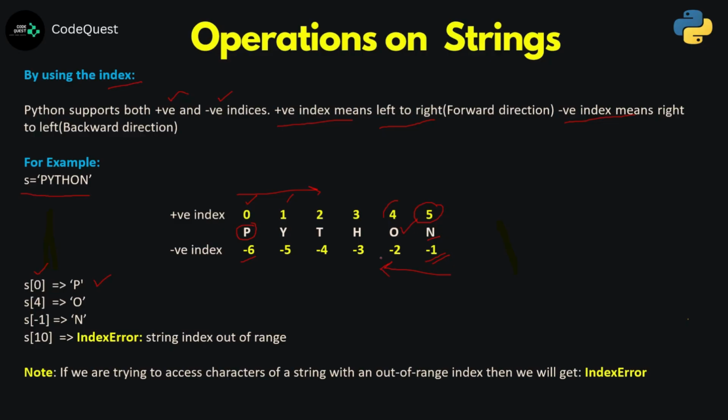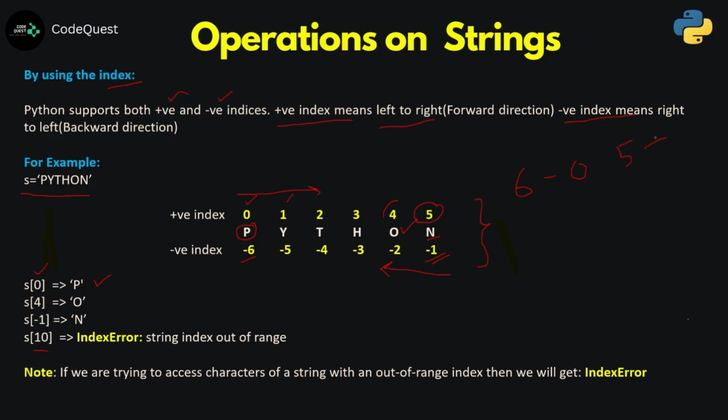Now, in case we take some index which is beyond the number of characters present, like in this particular example, we have a total of 6 characters, which means if I am going by the positive index, I have to begin with 0 and at maximum I can go up to 5.